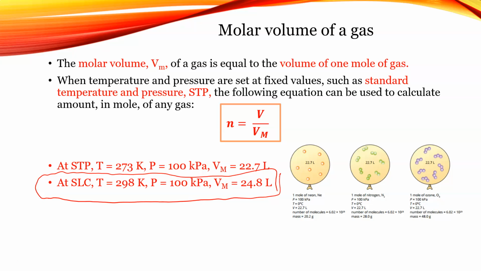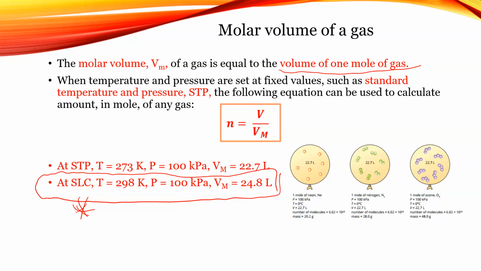I include STP in my notes, but really you're not going to see examples related to that. So just focus on SLC down here. So the molar volume of a gas is the volume of 1 mole of the gas. Remembering it can be any gas because, you know, they're just particles at this stage. We're not giving a mass to it.